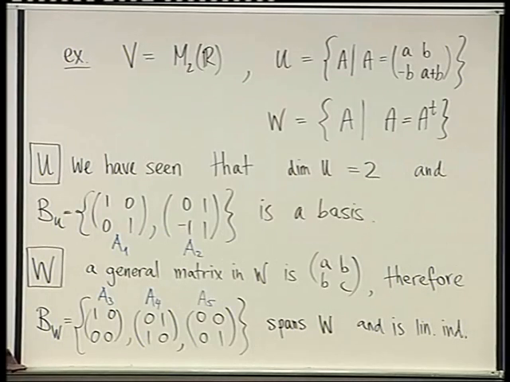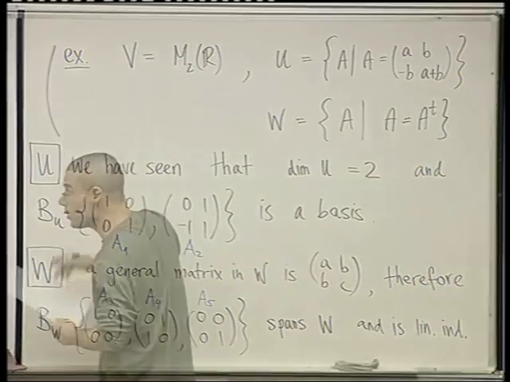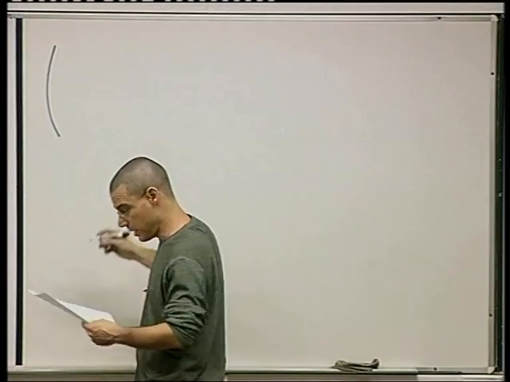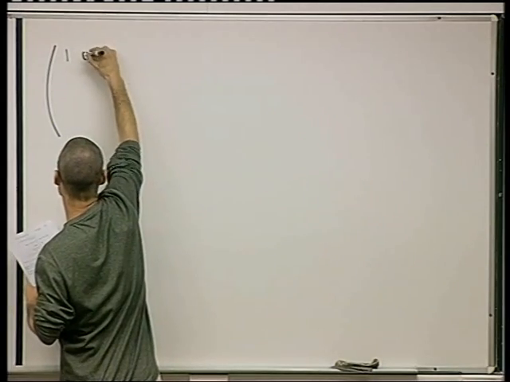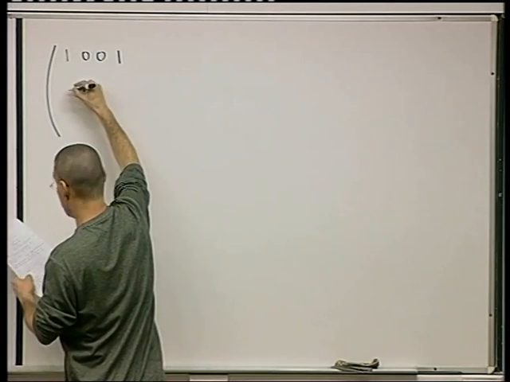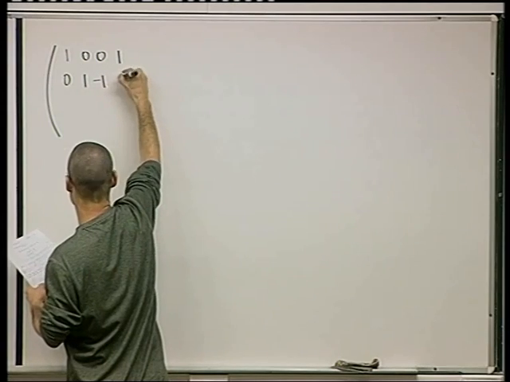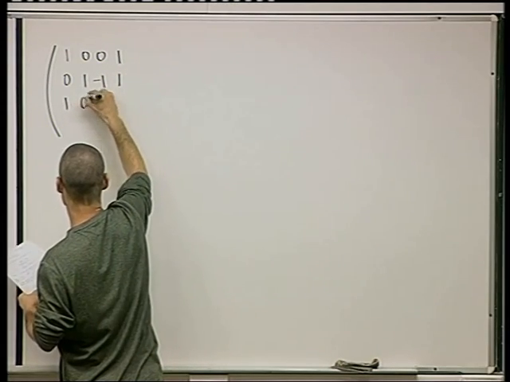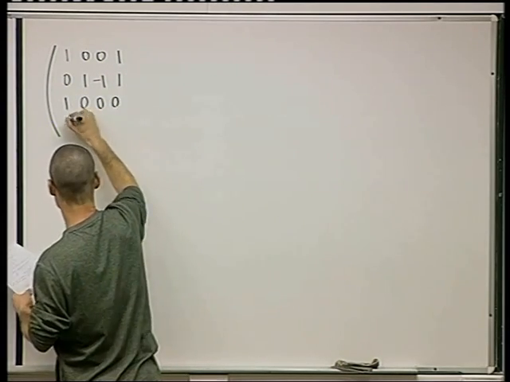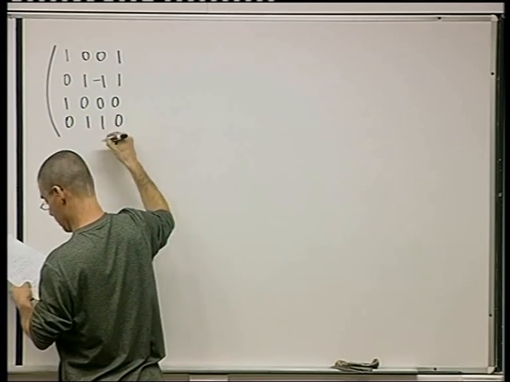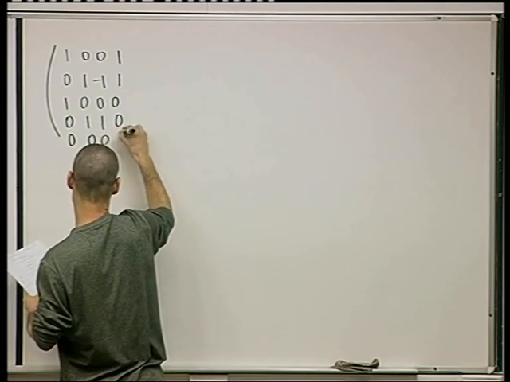Okay, so here are the 5 rows in the order that they appeared: A1, A2, A3, etc. So it's 1, 0, 0, 1, 0, 1, negative 1, 1, 1, 0, 0, 0, 0, 1, 1, 0, and 0, 0, 0, 1.